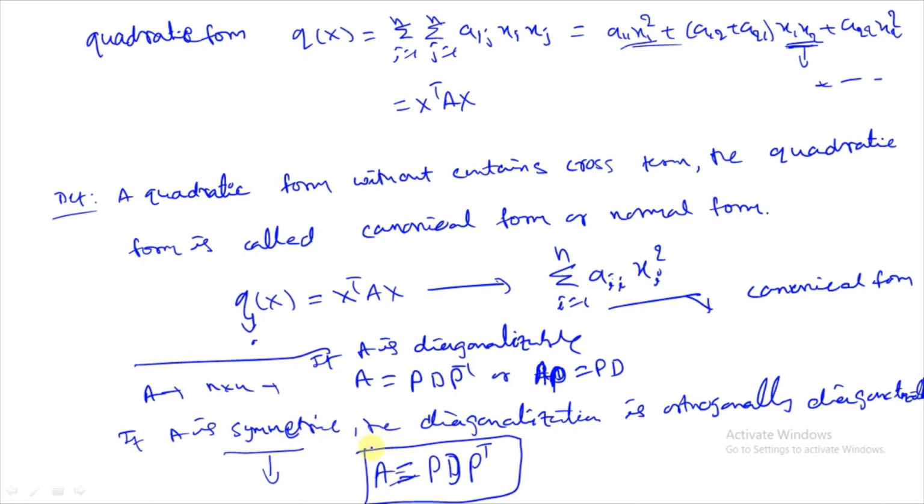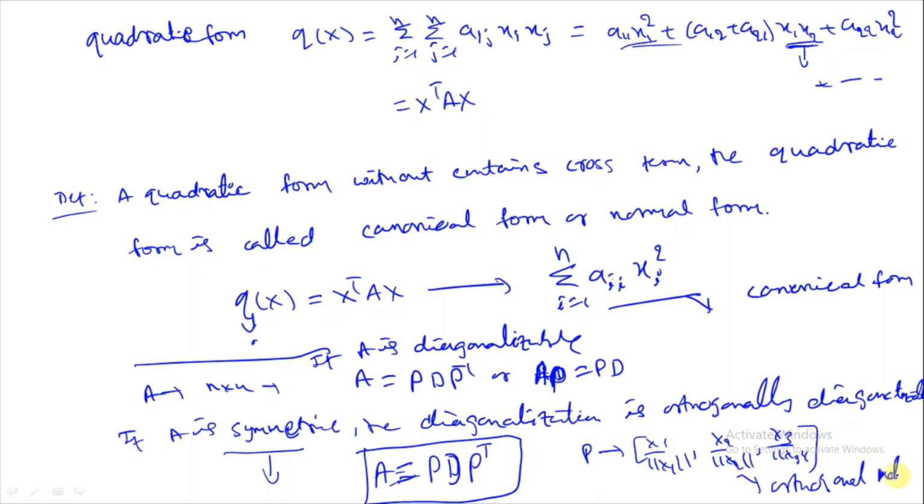If you write P with columns of orthonormal vectors, x1, x2, x3, this is an orthogonal matrix. Usually we denote an orthogonal matrix by Q. That's why I am writing the transformation as Q D Q transpose. Generally we write the orthogonal matrix as Q.